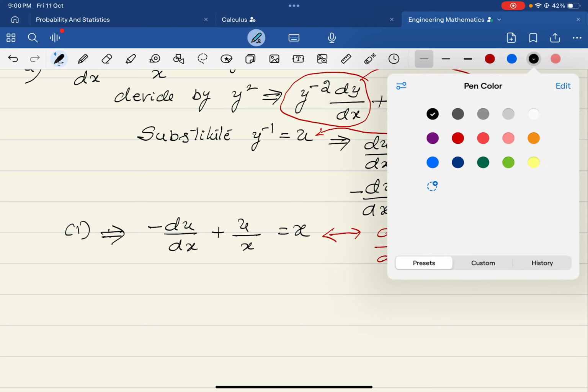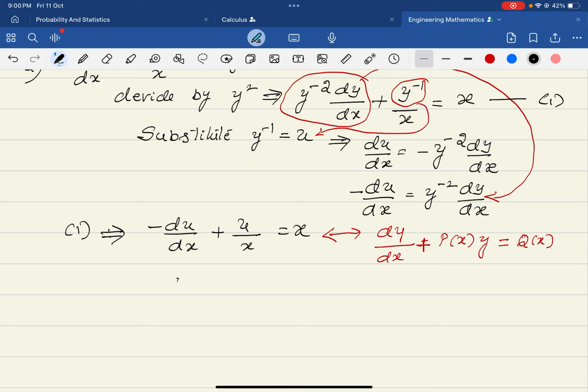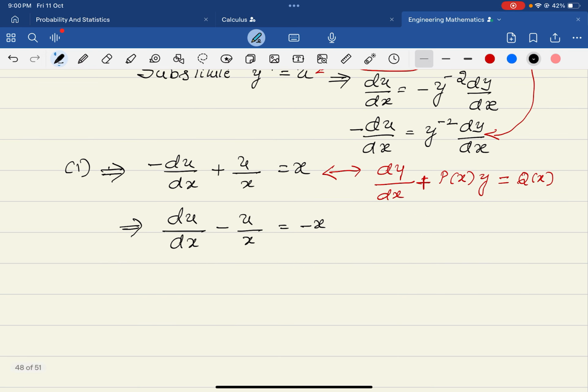So what we do now? Multiply by minus. So it implies du by dx minus u over x is equal to minus x when you multiply by minus. Now you can understand what is p of x. p of x here is minus 1 over x. Again here it is minus, please remember. And q of x is again minus x.